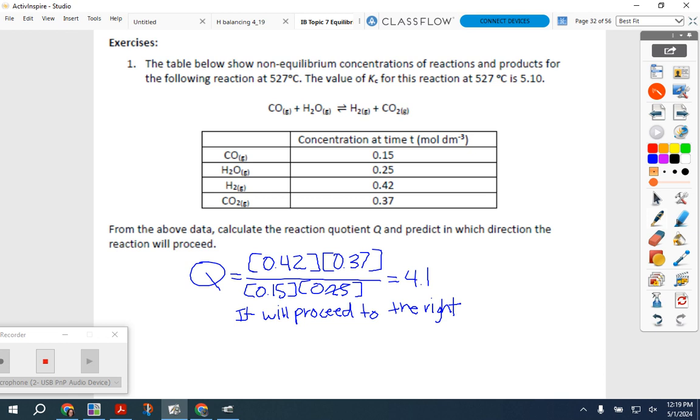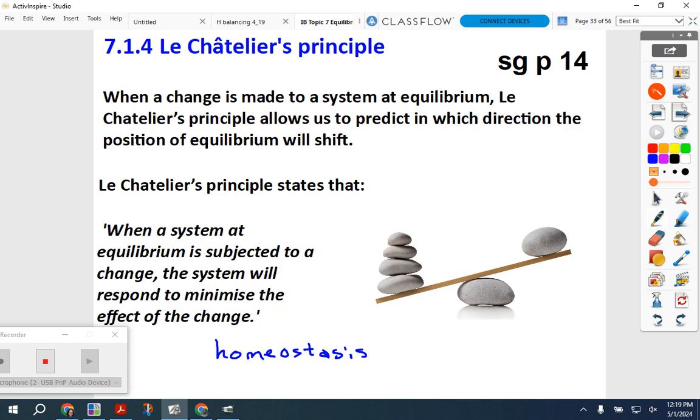So that takes us into what I call the fun part of equilibrium, which is Le Chatelier's principle. This is the FAFO of chemistry. This is the, we're going to mess things up. We're going to go in and mess things up, and then we're going to see what happens, okay?